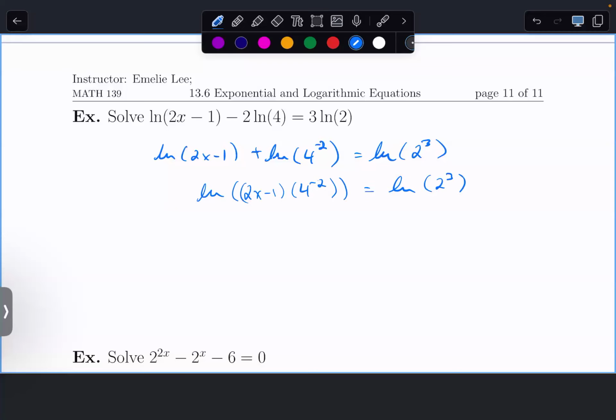Now I have log base e on both sides wrapping around everything else.